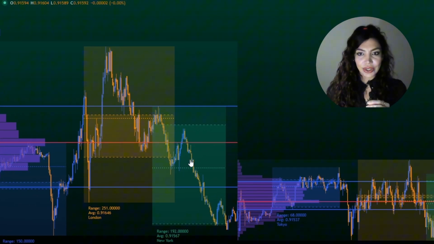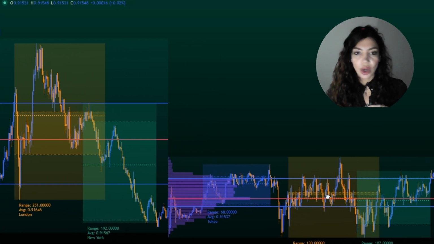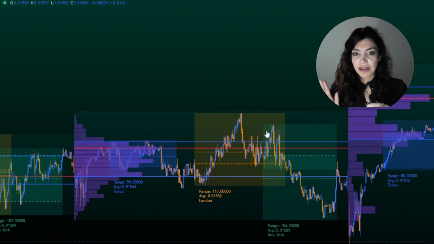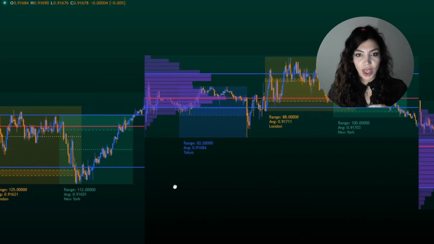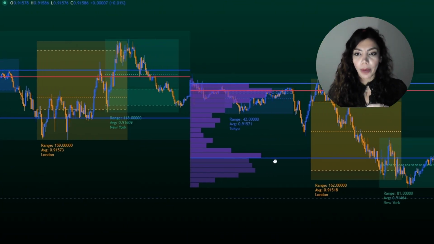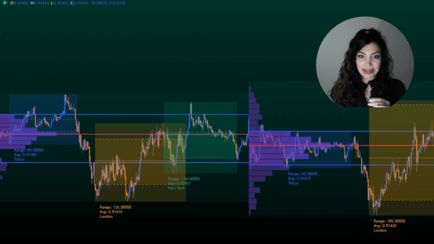During dead hours, the shape is thin, unstructured, no clear point of control, no defined value area. There is no institutional footprint, just some noise. But during peak hours, the profile fills out. Heavy nodes form at prices where real decisions were made.